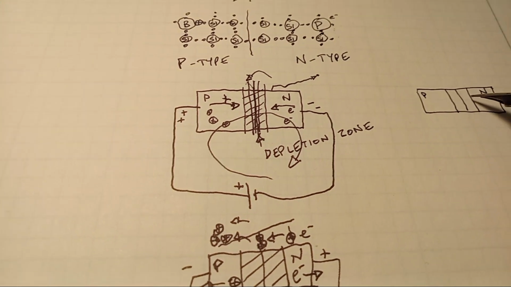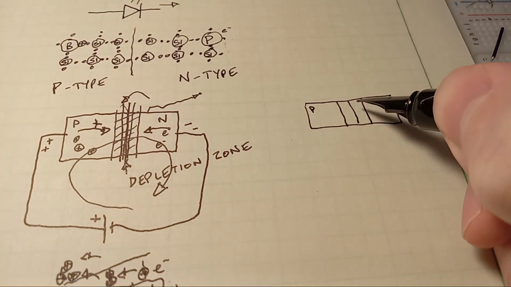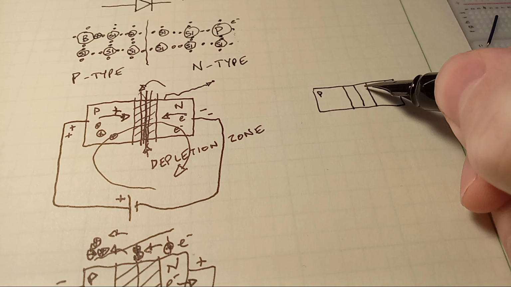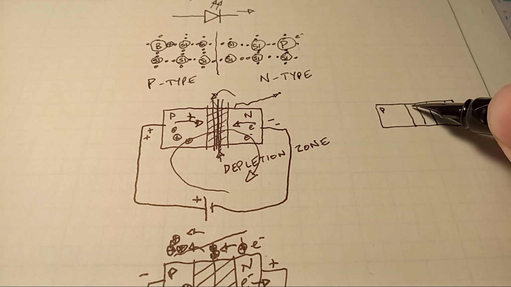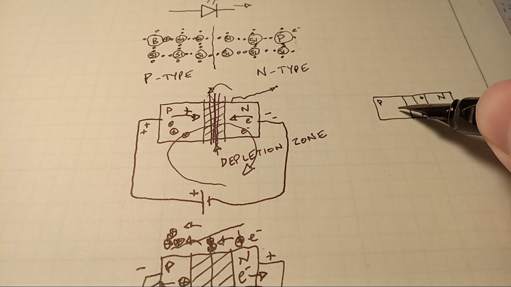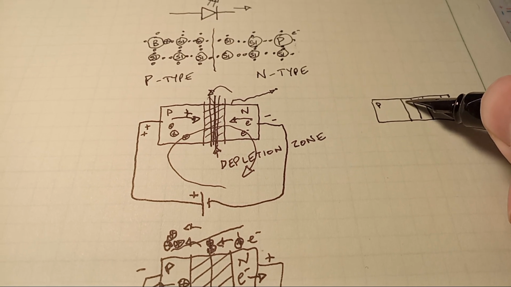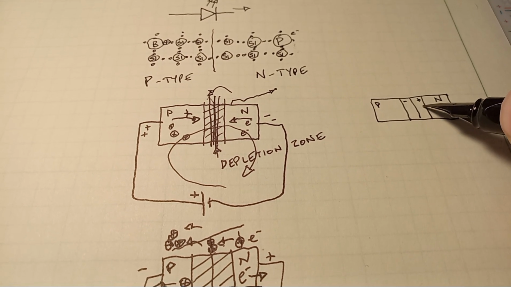Because this area used to have extra electrons, and they diffused over here, it has a slight positive charge. Because this area used to have extra holes, but they were filled in, it has a slight negative charge.